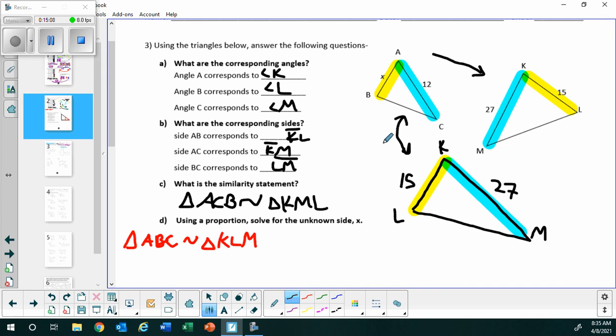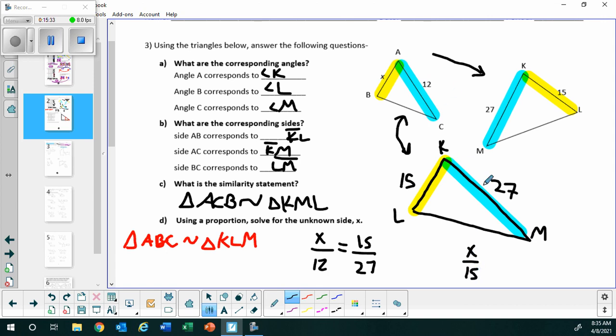Again, for this one, pick whichever one makes more sense to you. Some of you are going to say, okay, I see yellow to blue, so I'm going to put my x over 12. And then my yellow to blue here is a 15 to 27. Some of you are going to see it this way. Others of you are going to say, I see yellow to yellow, so you're going to put an x over 15.